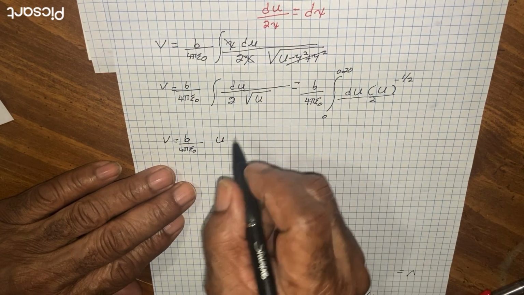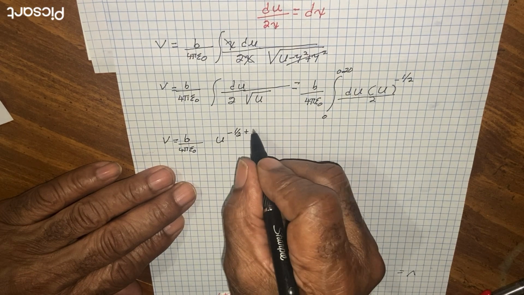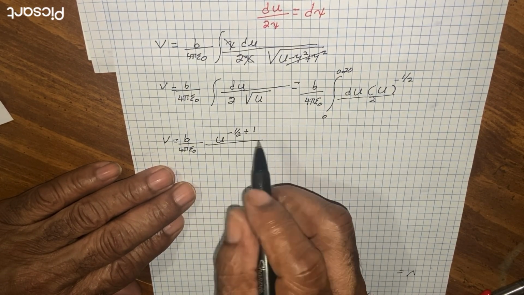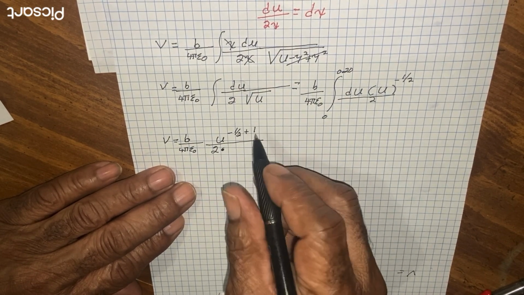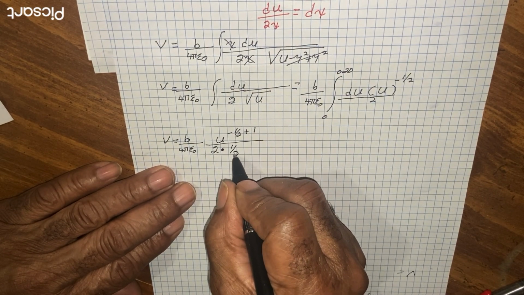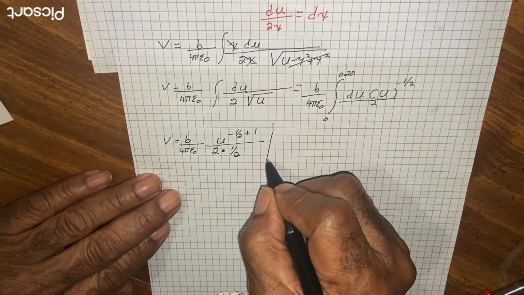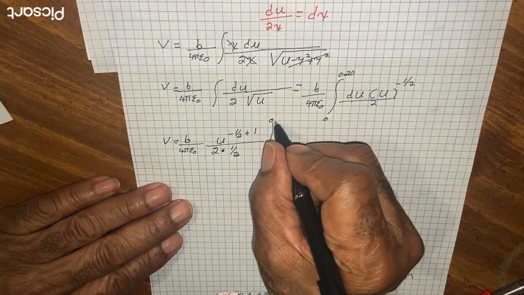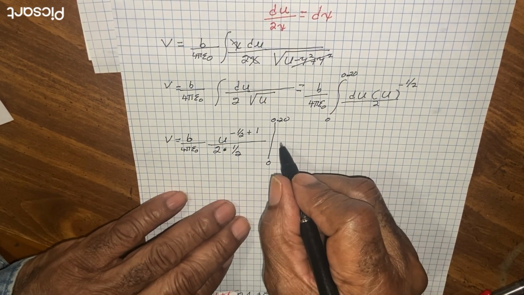Now when you integrate u to the minus 1/2, you add 1, and divide by the new exponent, 1/2, which comes down, evaluated from 0 to 0.20. Let's clean it up a little.